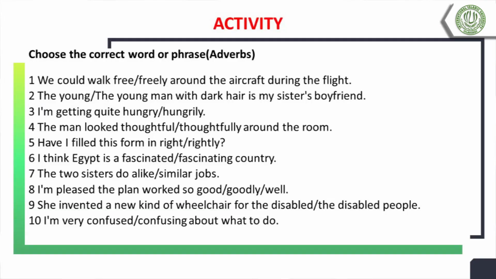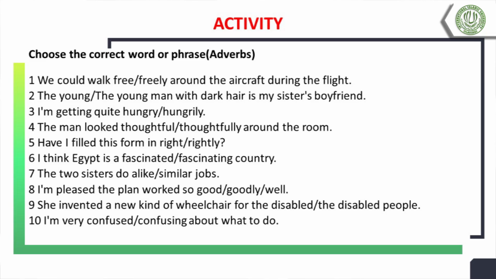At the end of this session, we have an activity. Through this activity, you will understand the usage of adverbs in various sentences. The activity is, you will choose the correct word or phrase, obviously adverbs, from the sentence.